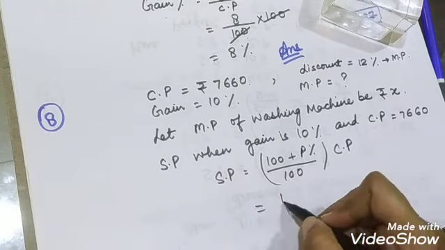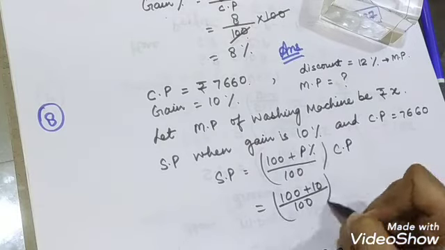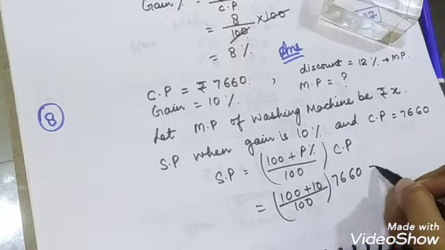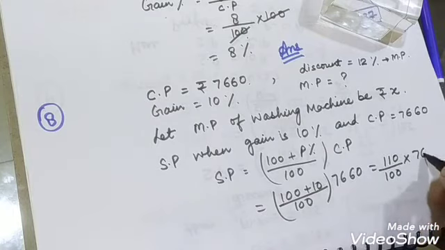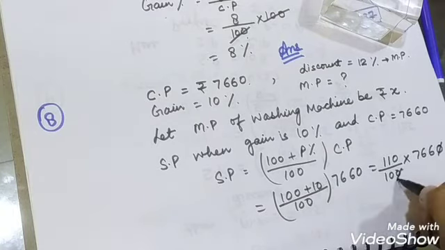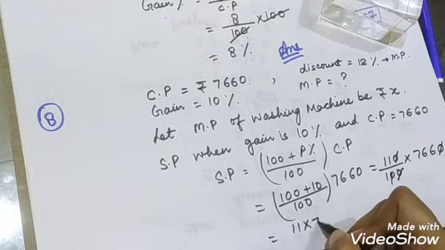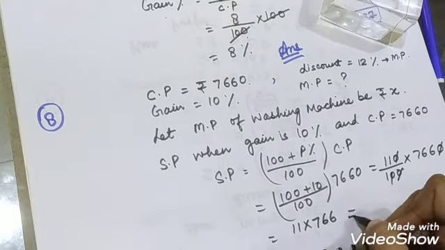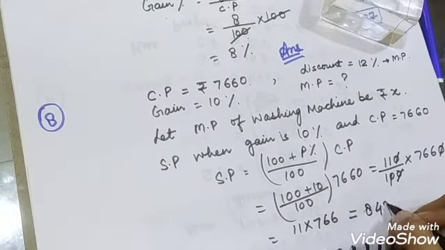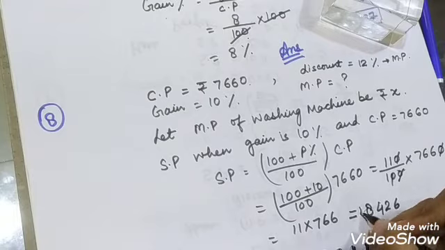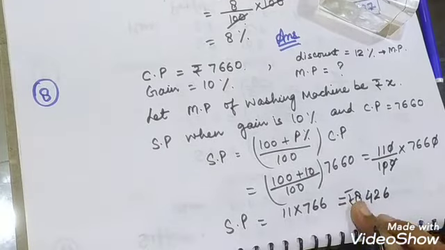Then we put the values: 100 plus 10 upon 100 into 7660, 110 upon 100 into 766, 0 cancels with 0, another 0 cancels with this 0. So 11 into 766, when you multiply it with 11, you will get 8426 rupees. So this is the selling price.